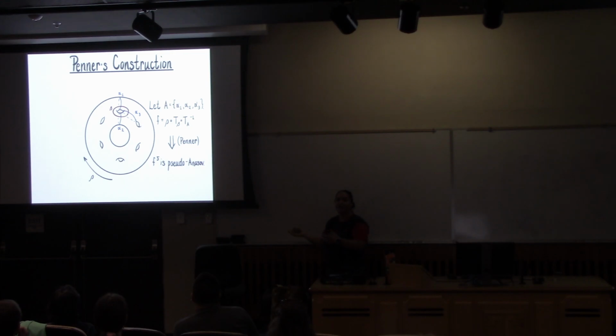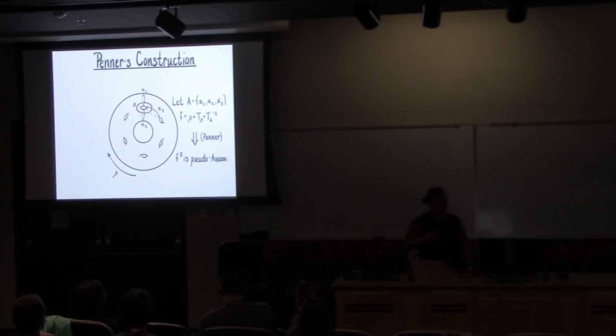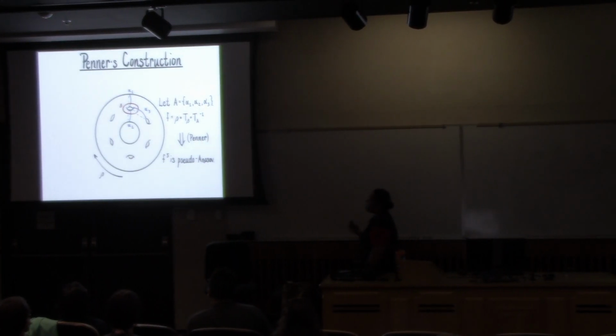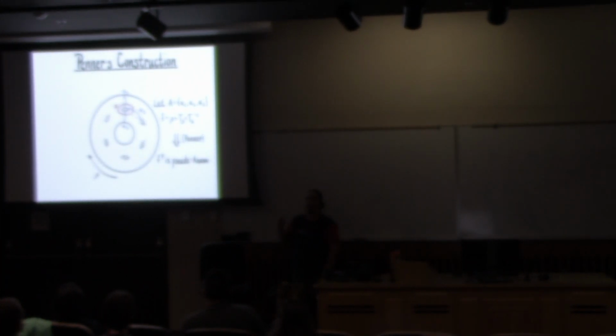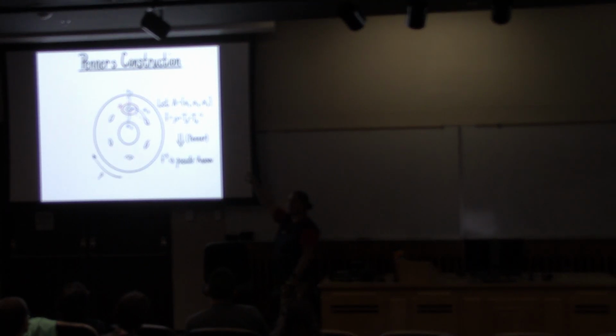Okay, so I gave you this definition. I'd like to show you that this definition is not vacuous and give you an example of a pseudo-Anosov homeomorphism. The most straightforward way of building pseudo-Anosov homeomorphisms is using Dehn twists, okay? These are maps of my surface, which I always describe by drawing a simple closed curve, a closed curve that doesn't intersect itself.